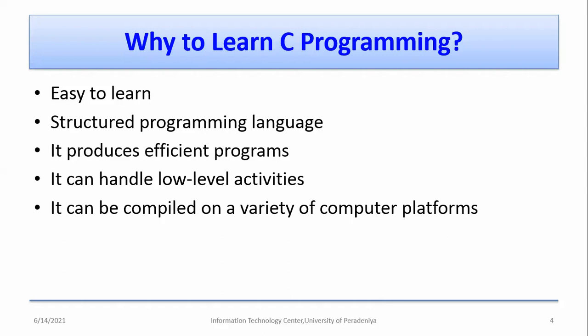That means we can compile and run C programs in a Linux environment as well as a Windows environment. So we can use C on various types of computer platforms, and a computer platform means the hardware with the operating system.